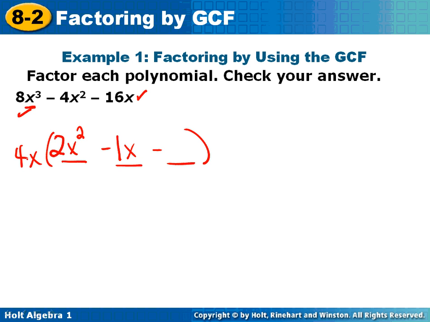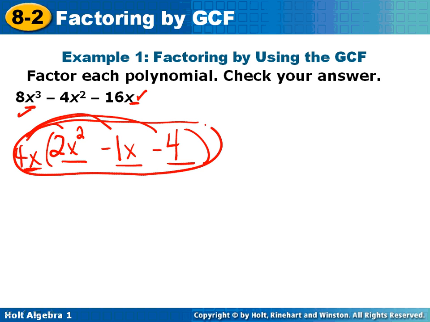The last part, 4 times 4 gives me 16. I have an x, I only need x, so that's the end. If you distribute it, you will get the exact same answer as the problem you were given. So this is the solution to the problem. That's called factoring with a GCF.